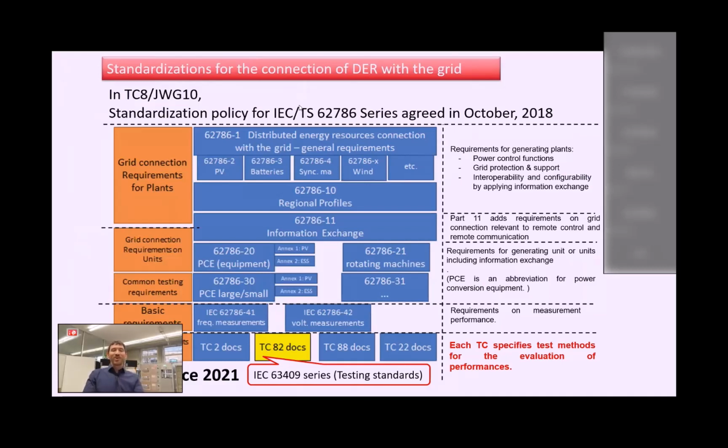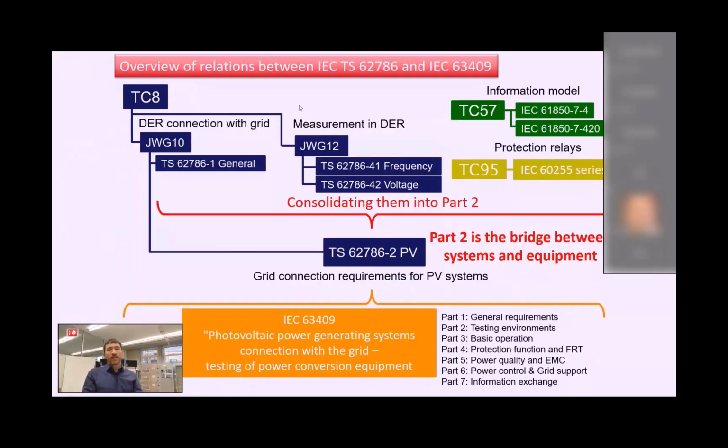You see at the very bottom the testing requirements for different products. In our case, that's photovoltaic products. So within IEC, we have decided to have the testing standards within the technical committees, the product committees, and the requirements are subject to the system committee TC8. And in this figure, which you have also seen on the invitation of the webinar, you have a brief overview of the committees working on that.